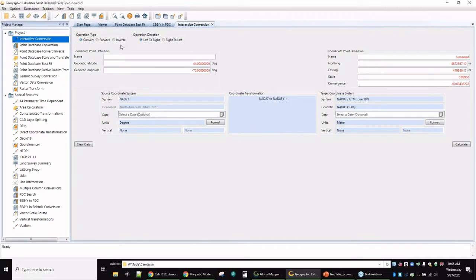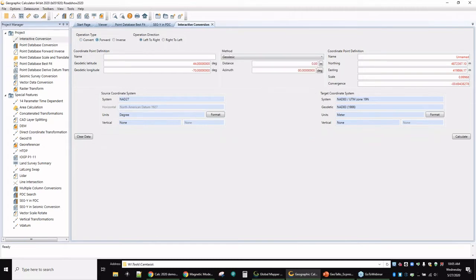Now forward and inverse are calculations involving distance and heading across the surface of your coordinate system. A forward would be where we enter in a starting coordinate and we supply a distance and an azimuth away from that coordinate, and it would calculate for us the ending location. The inverse is just the other way around from that. Our input is actually the start and end, and the output of that is the distance and azimuth between the two points.